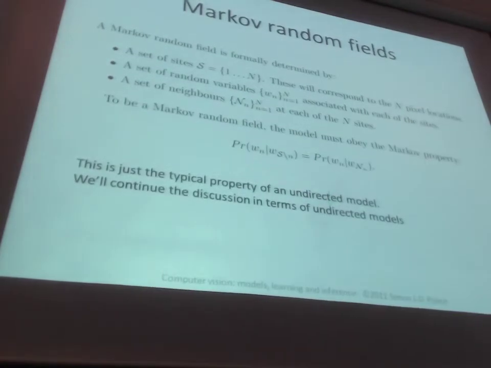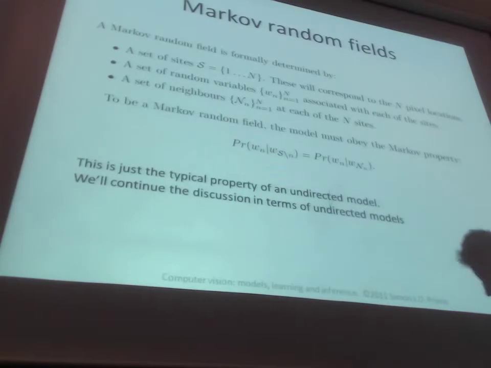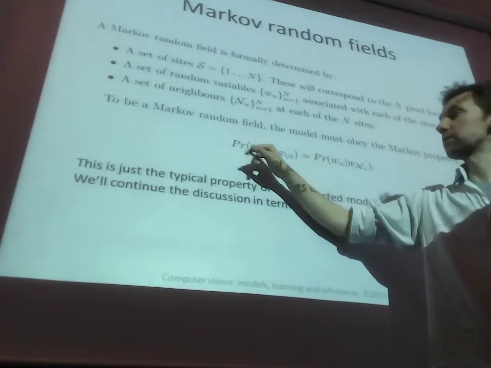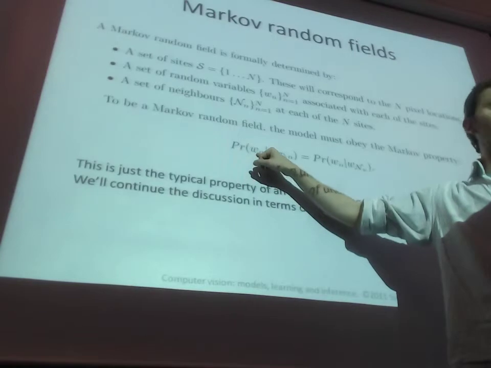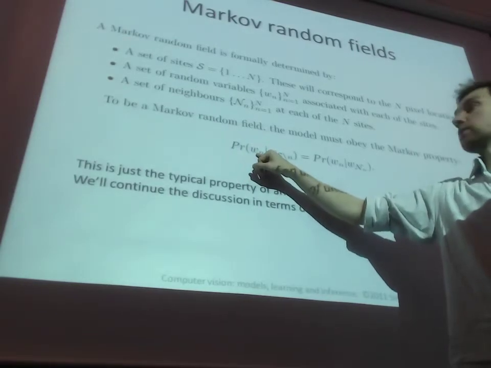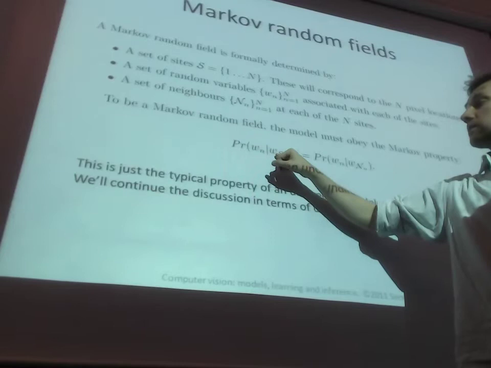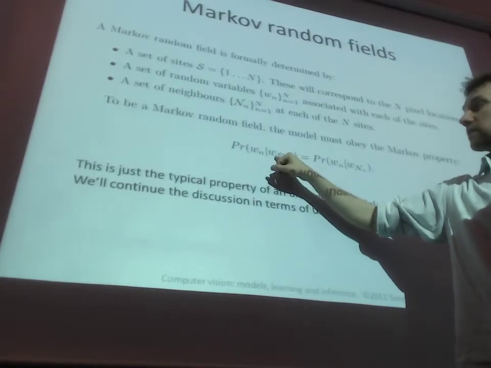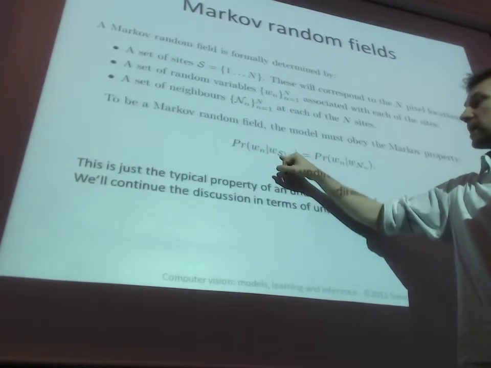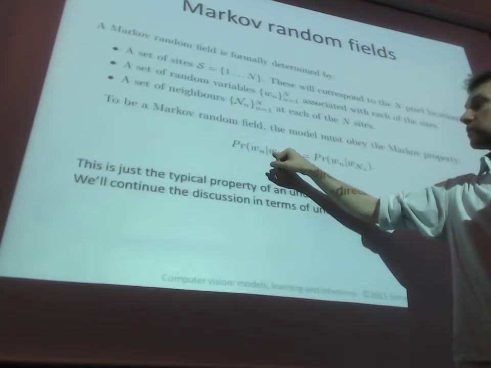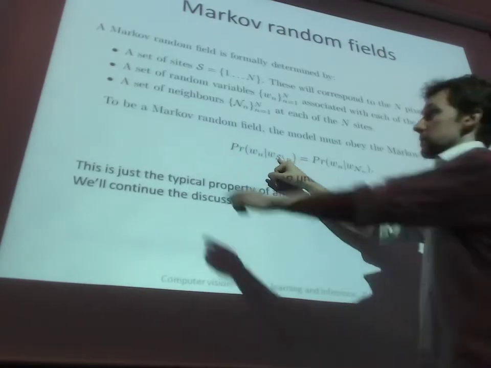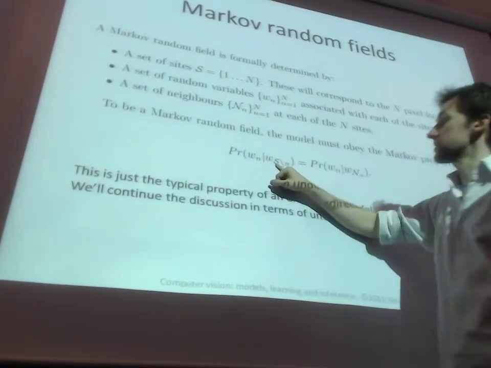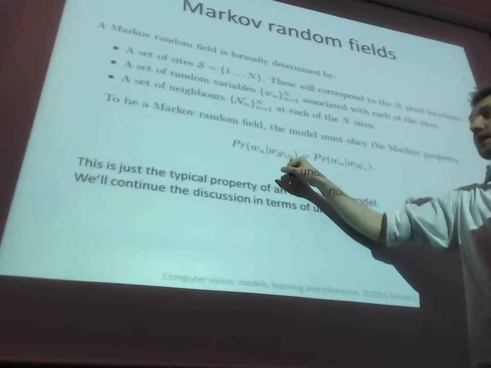All right, so to be a Markov random field, the following has to be true. When we look at the probability distribution over one of the random variables, one of the pixels' true values, given the world states W_{S\n}, this is saying given the world state for all of the sites, the set of sites in the whole image, all of the sites except the nth one.